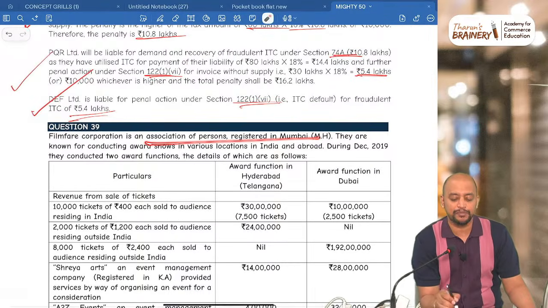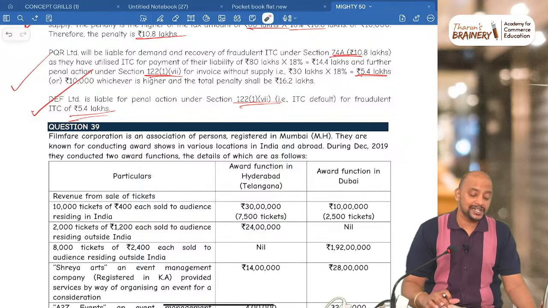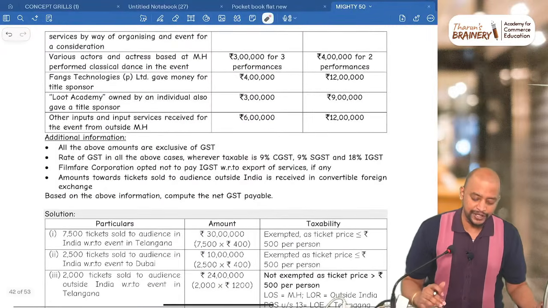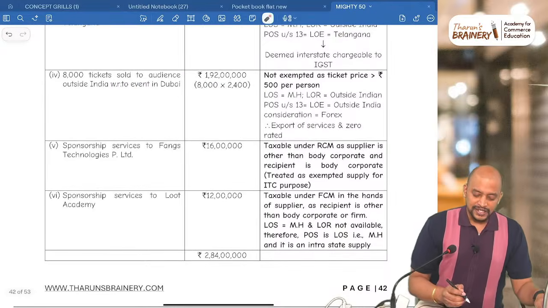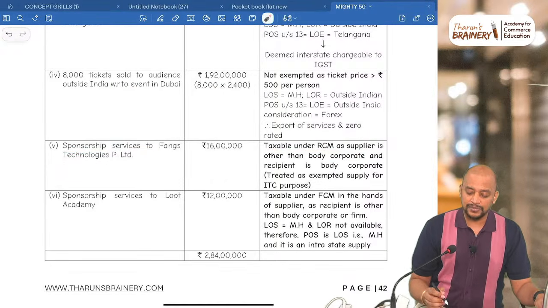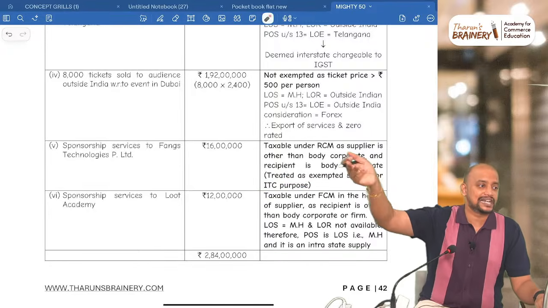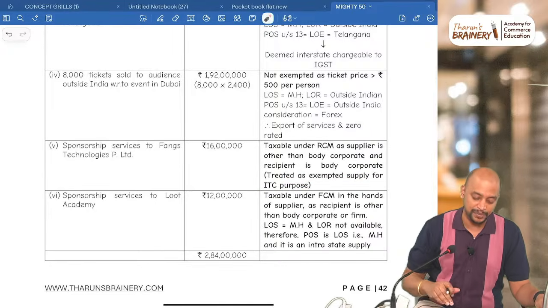Filmfare is other than body corporate, AOP, other than body corporate, and recipient is body corporate. Therefore, it will be covered under RCM. So, in this case, sponsorship services to Fangs Technologies taxable under RCM as supplier is other than body corporate and recipient is body corporate, and for ITC purpose it is treated as exempted supply. When my outward supply is covered under RCM, it is treated as exempted for ITC purpose.